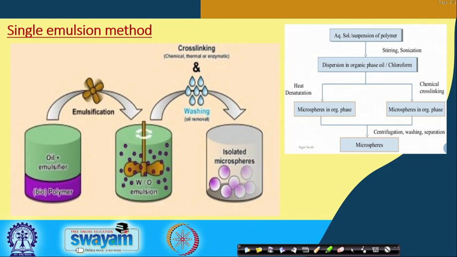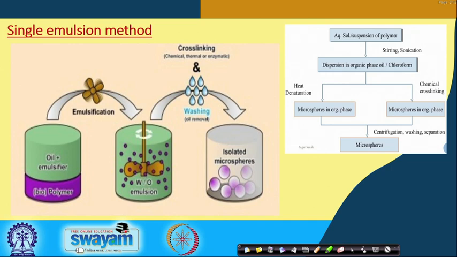In the single emulsion method, you can see in this picture that the IL and polymer are mixed using proper sonication or mixing, and a water in IL emulsion is formed, and this water in IL emulsion is added with the cross linking agents.